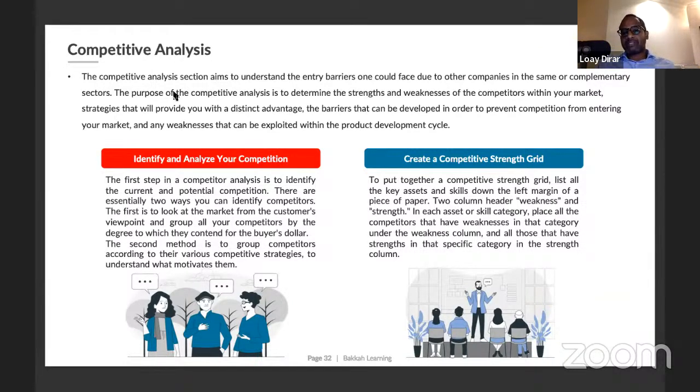The competitive analysis section is to understand the entry barriers for the market or the industry you're planning to enter. Is it hard to enter that market, or is it easy? What are the barriers to entry and what are the barriers to exit? By the way, there are many industries that have aggressive barriers to entering the market and very complicated and difficult barriers to exiting the market.